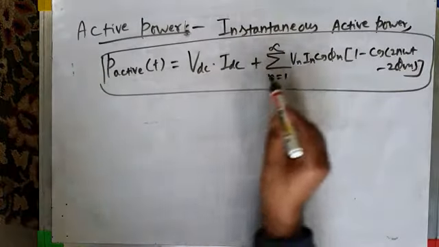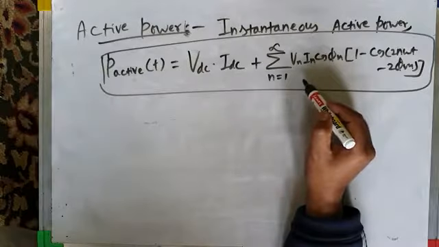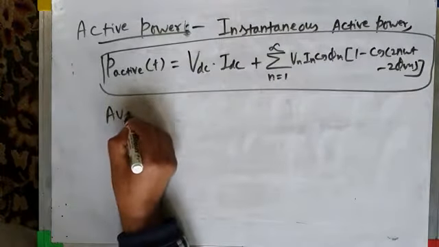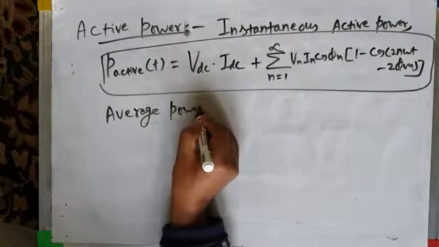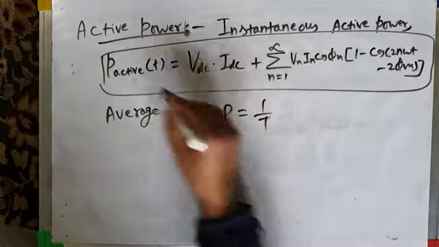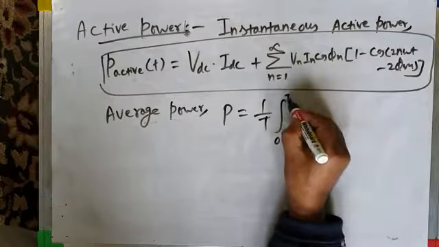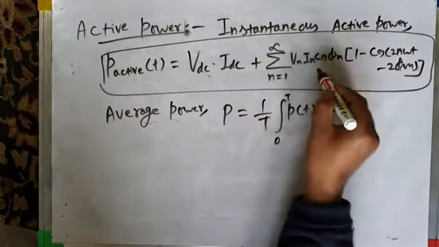From here you can see, if you plot it, it is a non-negative value. It will have a non-negative value and it will have some average value. So what is average power or real power, which you call active power? That is the average value of the entire equation, 0 to T of p(t) dt, and that will be this plus this.